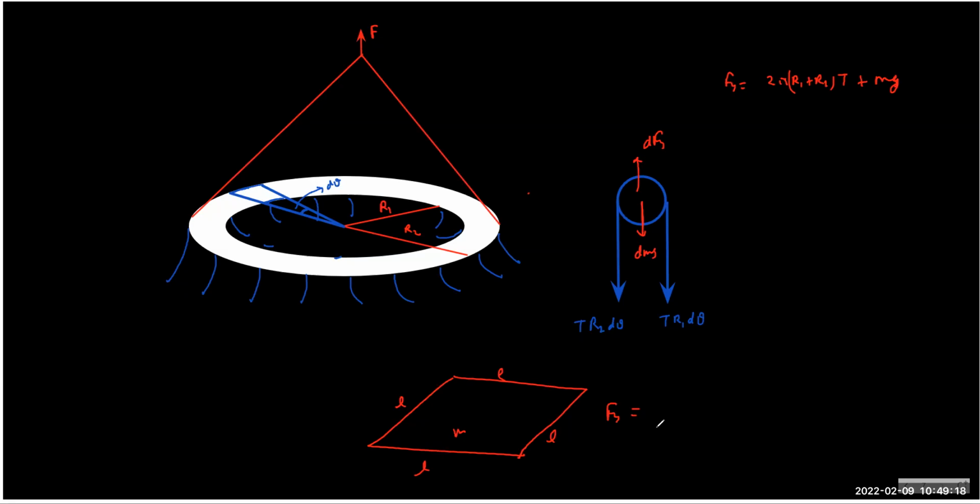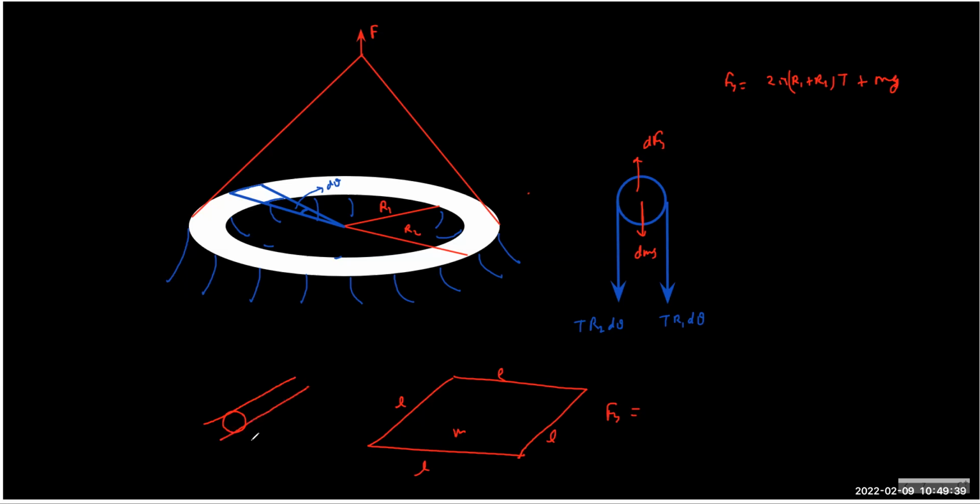Sir, 4TL plus mg. 4TL is only one surface, one length. So outer is 4TL, inner is also 4TL, so net is 8TL. See, a wire is a cylindrical shape. However thin a wire may be, it will have some cylindrical shape like this.